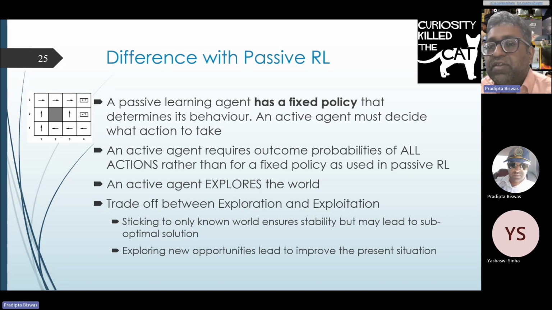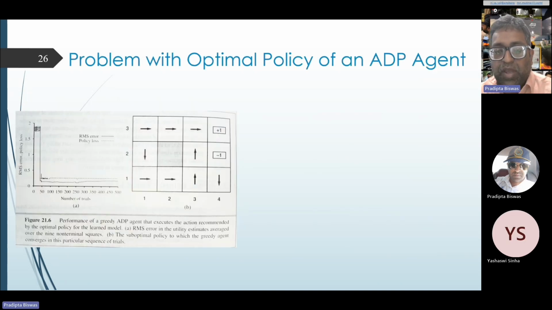And comically, we know this statement, curiosity killed the cat. So there is always a probability that exploration may lead to a worse situation, but still it's worth taking the risk if exploration can lead the agent to a better way to achieve the goal state. Okay, so let's see how we do that.